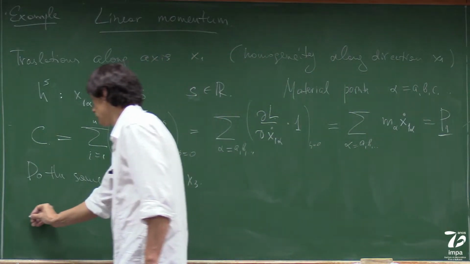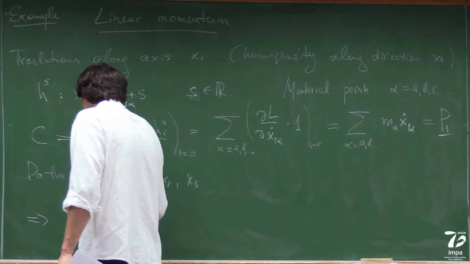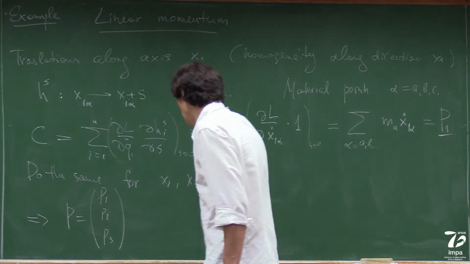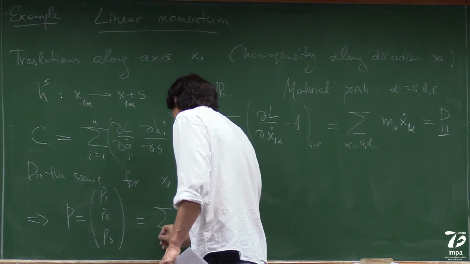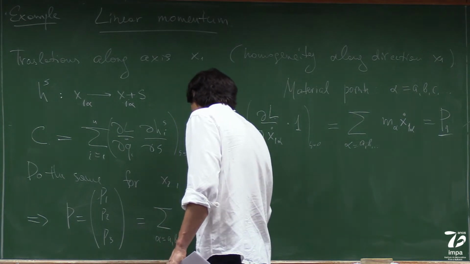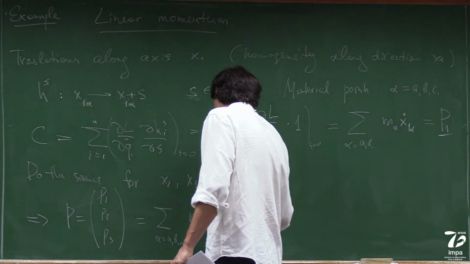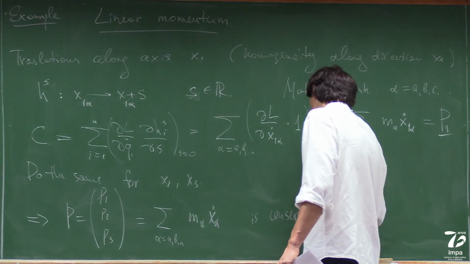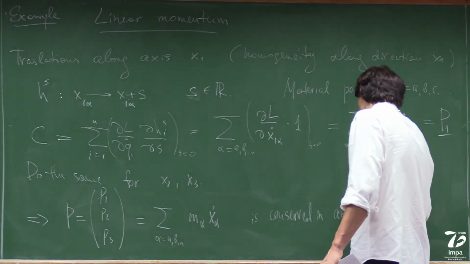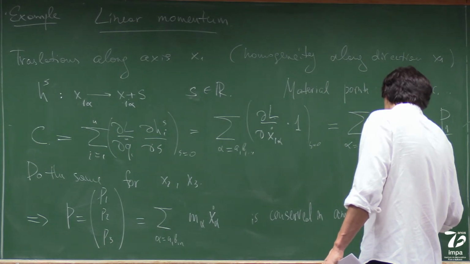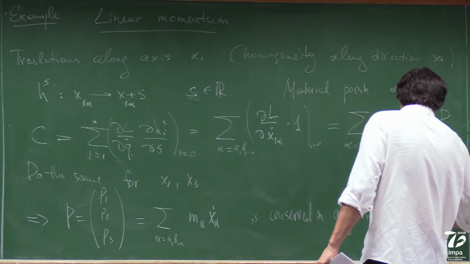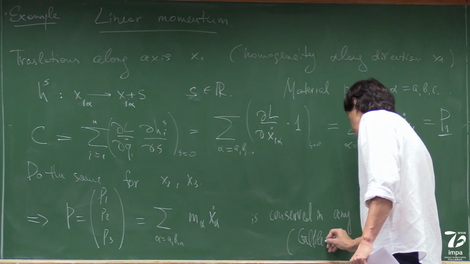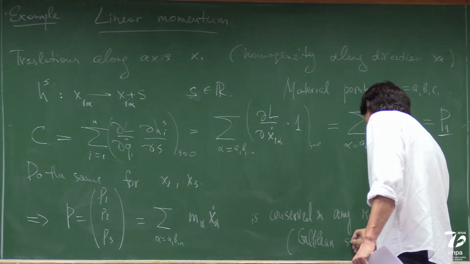Then we have that P, the vector of P1, P2, P3, defined as a sum of all masses by all velocities, is conserved in any isolated system because of the Galilean symmetry group.